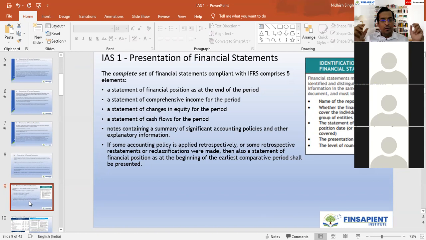But overall, your cash flow will not change, but all the other three primary statements will change when you change the accounting policy. So you need to restate all the numbers. Even in the disclosure notes, you need to provide the complete explanation as to why the accounting policy was changed. We'll talk about that further in IAS 8.